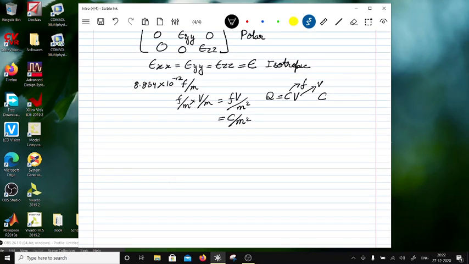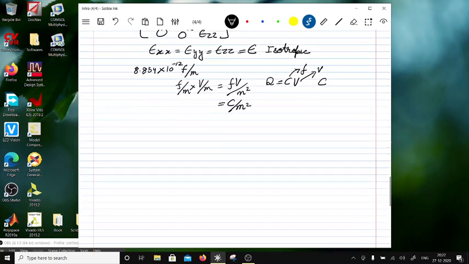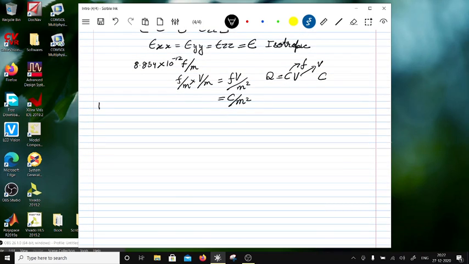Now the same thing holds for magnetic field intensity H. Again, magnetic field intensity H is basically the force which is experienced, right? And what is its unit?